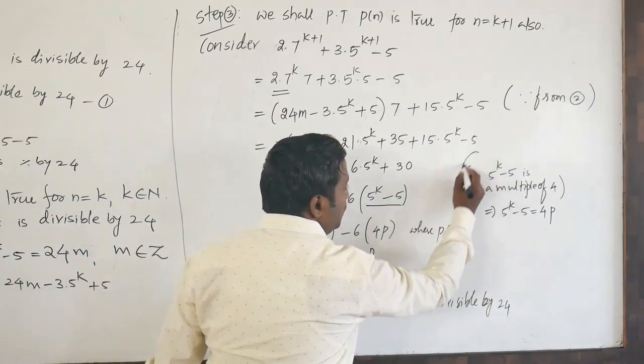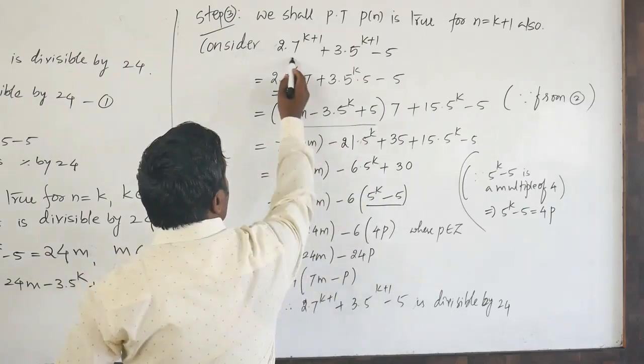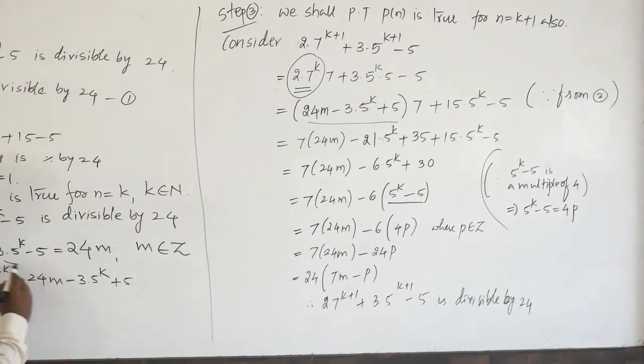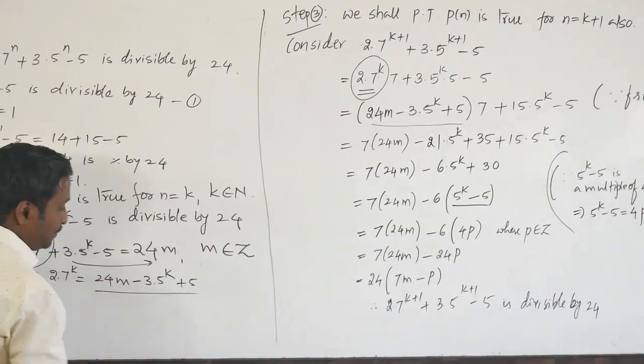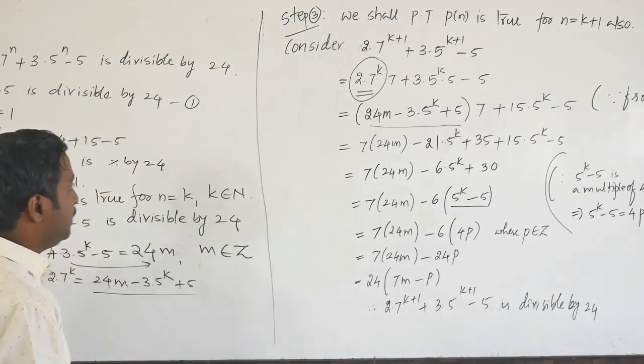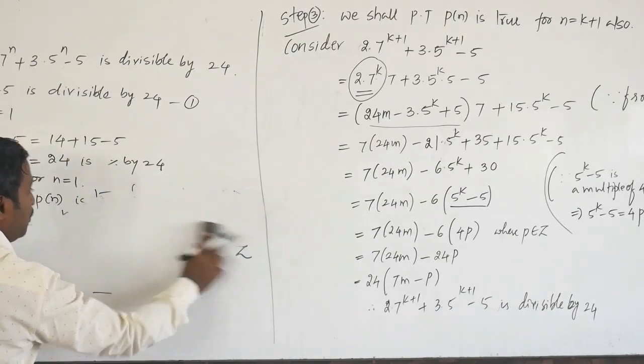Point to be noted down: if you are not getting this point, just observe 2 into 7 raised to k, take this and do the calculation, so it comes like this. You can also take 3 into 5 raised to k; remember, it depends upon you. So I will stop this question; I hope you are getting the point.